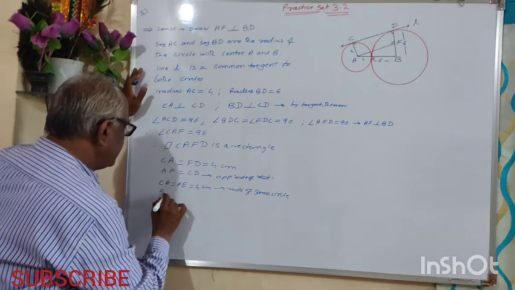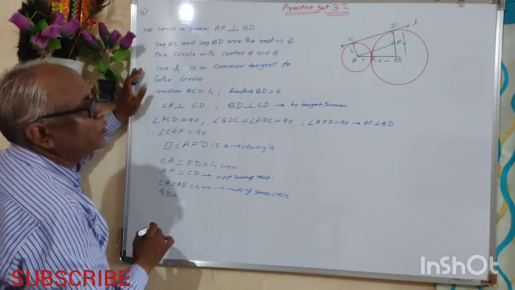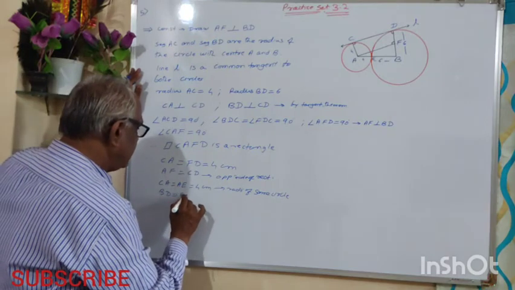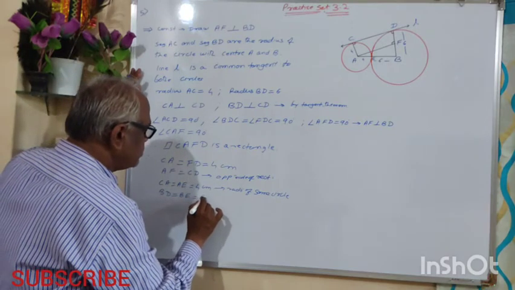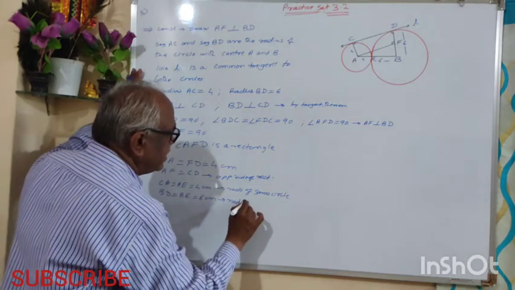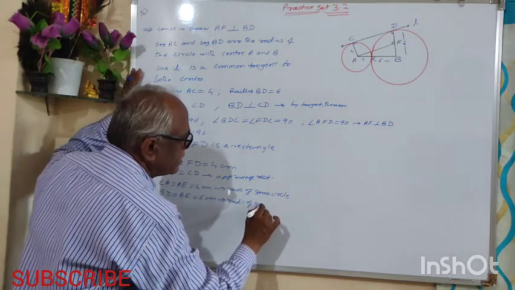BD is equal to BE, which is equal to 6 centimeter. Here also reason is radii of same circle.